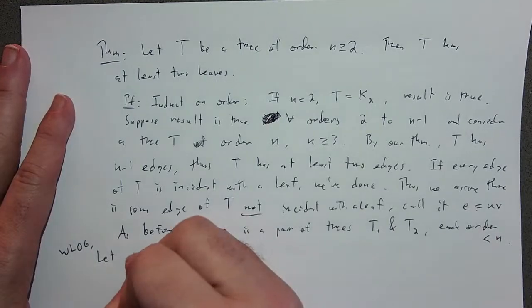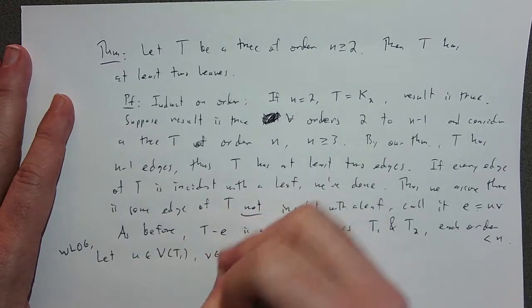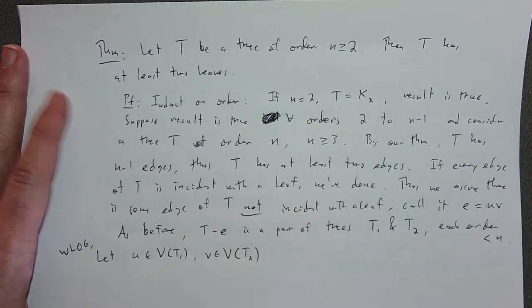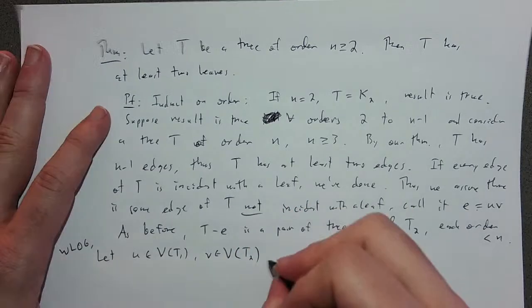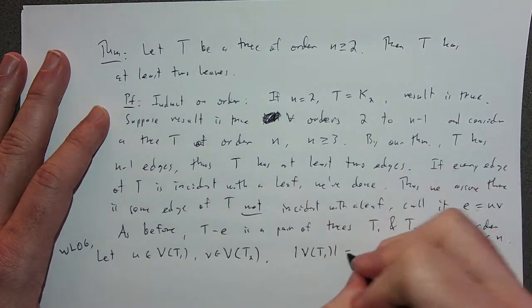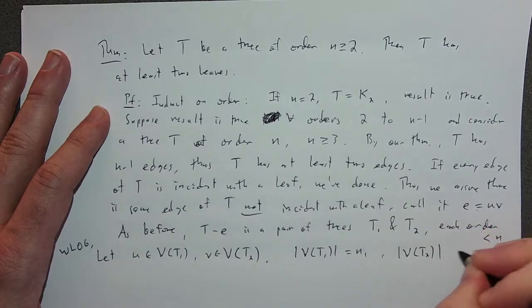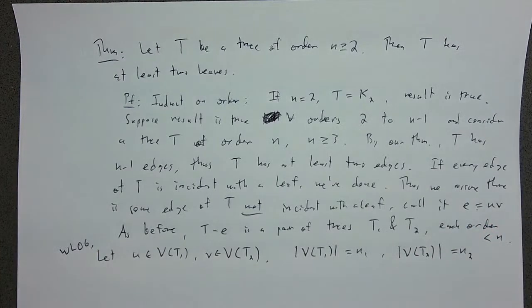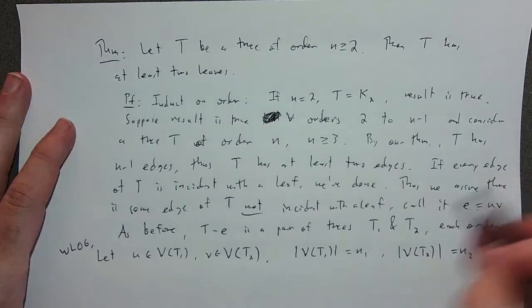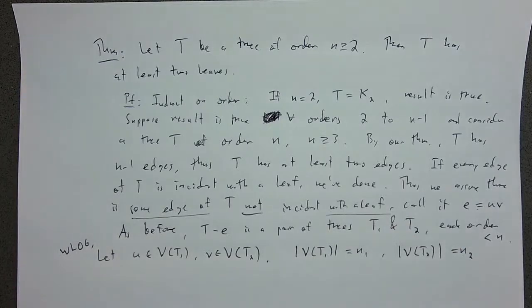So let U be a vertex in T1 and V be a vertex in T2. Okay, and let the order of T1, the vertex count, be N1, and the vertex count of the tree T2 be N2. Each of those has to be less than N, since E is not incident with any leaves. That's how we chose it, right? So we assume that there is some edge of T not incident with a leaf, so E is not incident with a leaf.